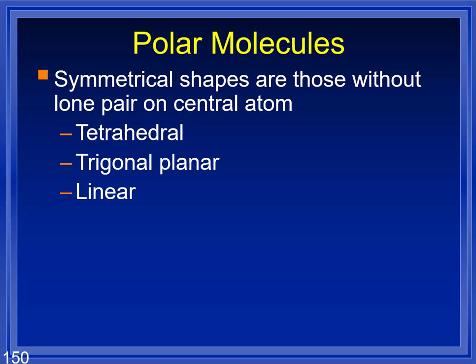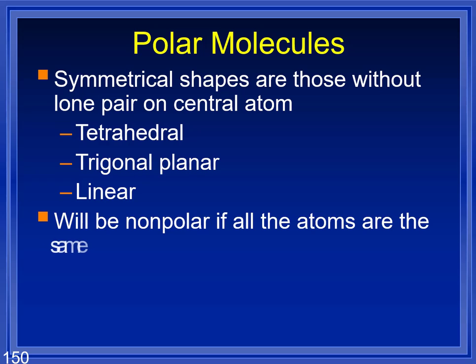They're not symmetrical. Okay? Now, the symmetrical shapes are going to be nonpolar if all the atoms on the ends are the same. So we've talked about CO2 a million times throughout this chapter.